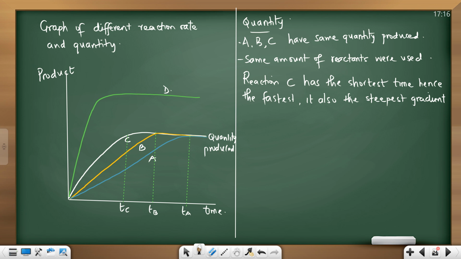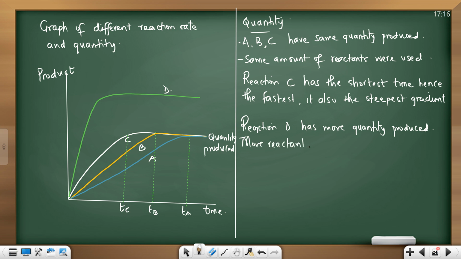So it could have been any of the 6 factors that we discussed. What about reaction D? Reaction D has more produced. You can look at the graph there. You know what might have caused this? More reactants present.